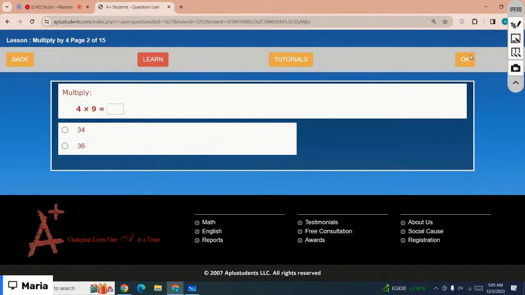So the correct option is, yes, it is 36. You can take your time, you can count the table. The correct option is 36. 4 times 9 equals 36.